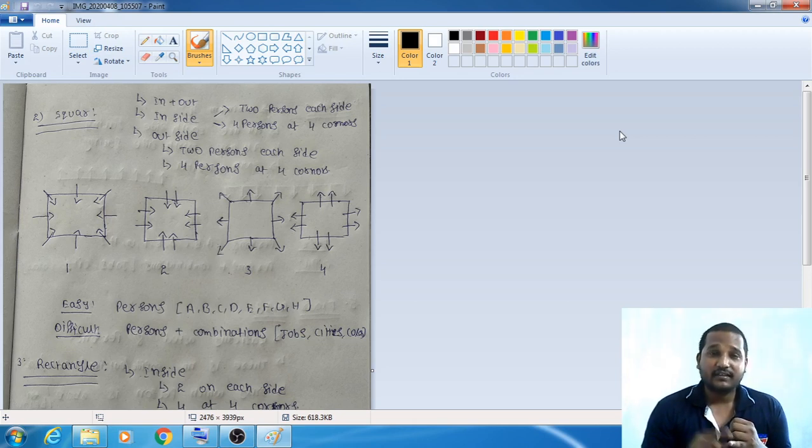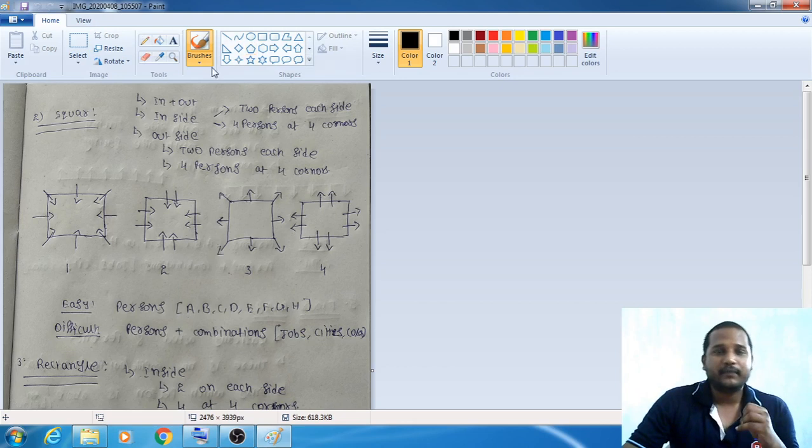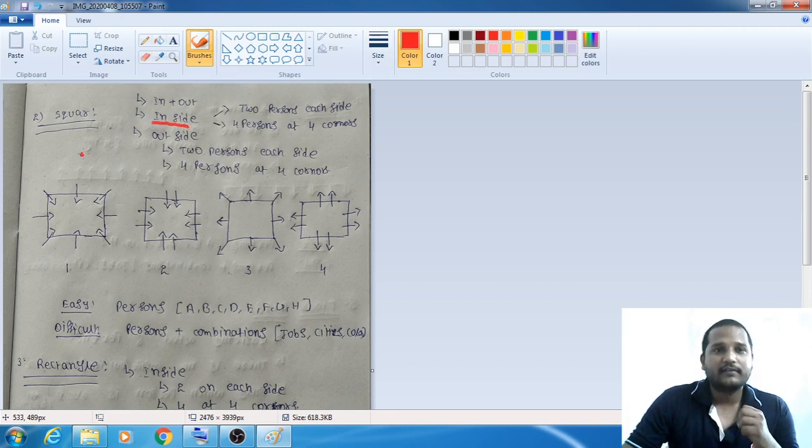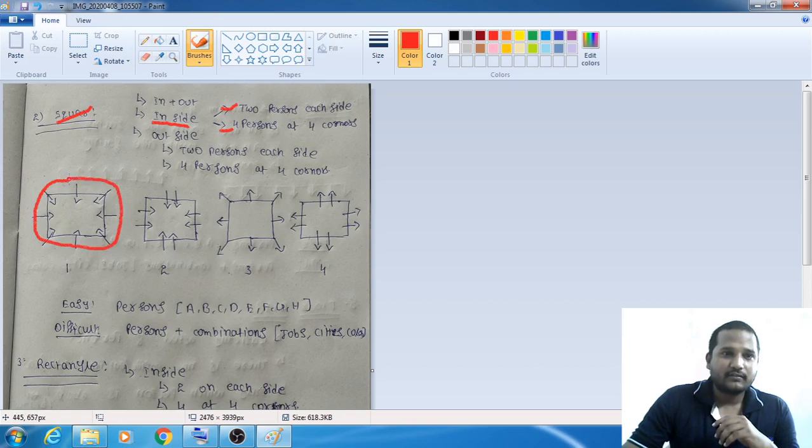So this is all facing inside in a square. In inside there are two types. The first one is two persons on each side of the square table, and the second one is four persons sitting at four corners.